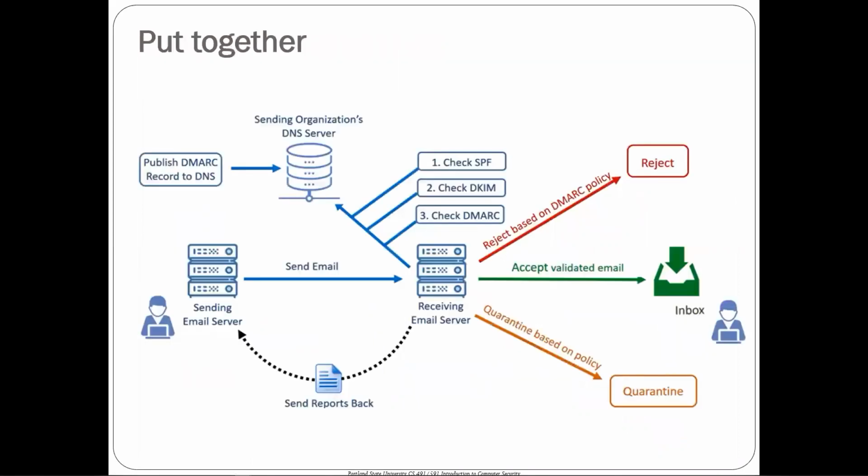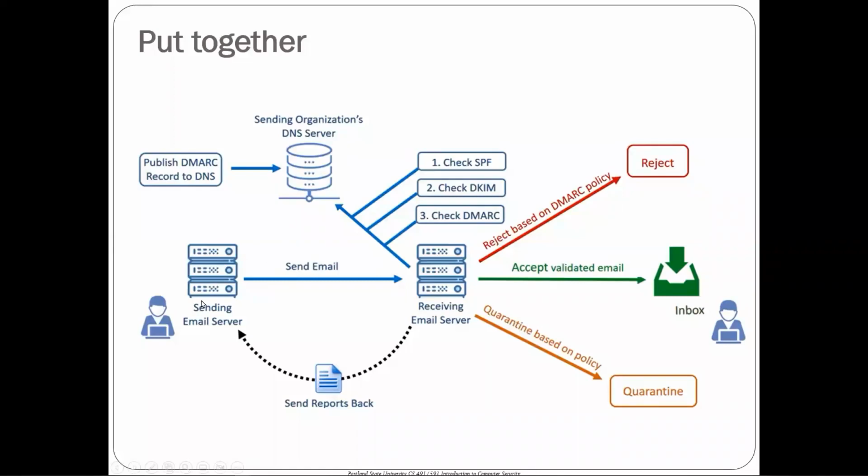Okay, so there's a picture of everything put together, published the DMARC record to DNS. So the DMARC record includes SPF and DKIM keys. This is all done as one. So the policy, the SPF, and the DKIM are all done in one DMARC record. And then this gets published to your DNS server.